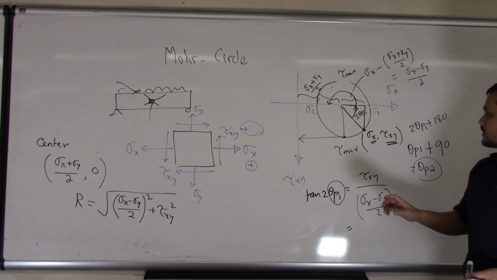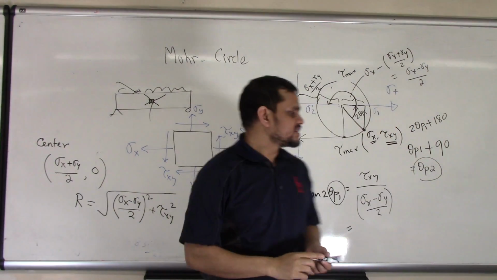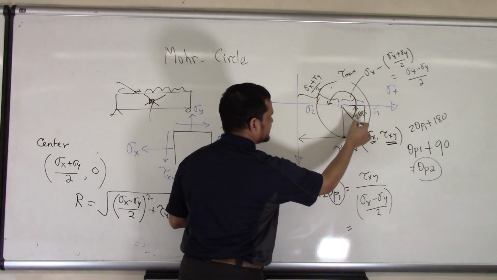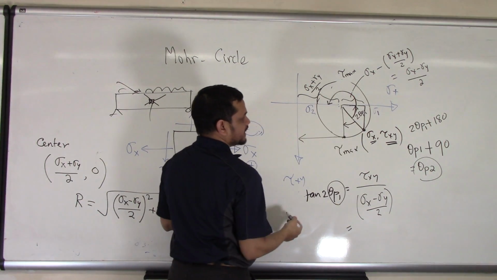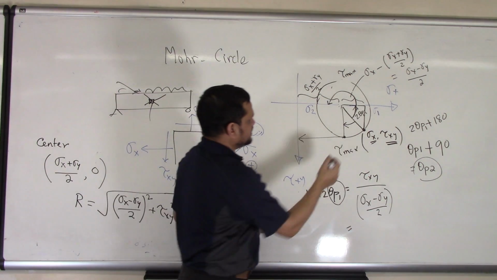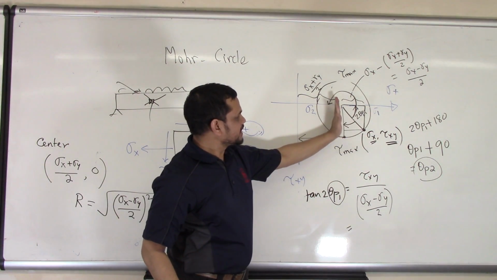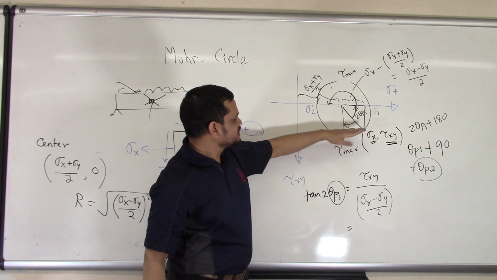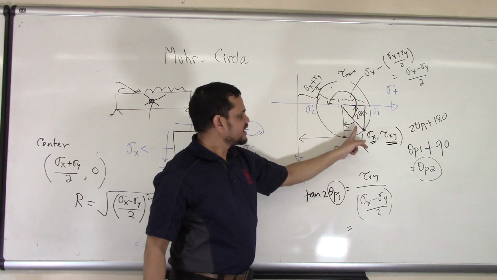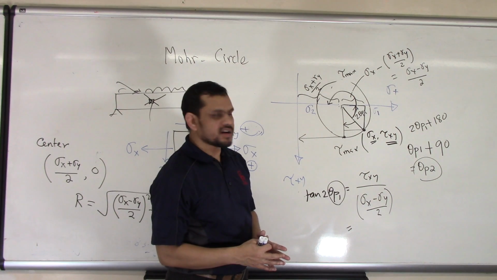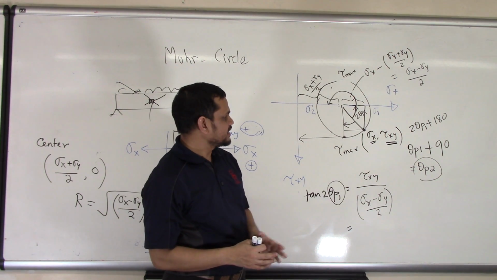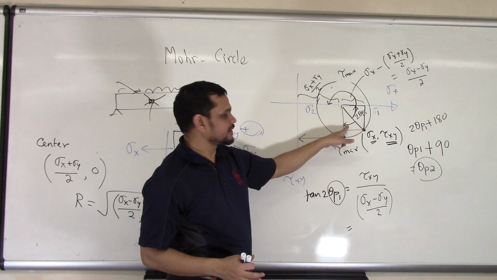What about the orientation of shear stress? It is this angle here. This angle we can easily measure because we can use this divided by the radius, and that will be sine. If I take the inverse sine, we can measure this angle.